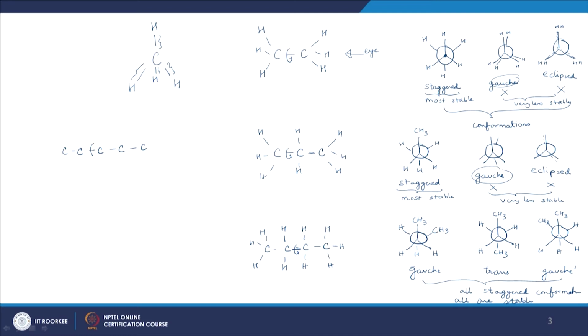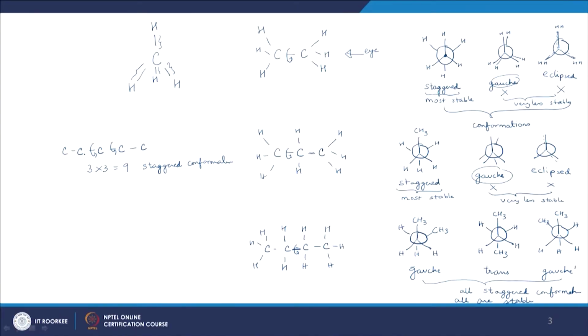Now, we can look at rotations around 2 carbon-carbon bonds, and what this amounts to is 3 multiplied by 3 equal to 9 staggered conformations. Okay? By that I mean that along the first carbon-carbon bond it can be trans, along the second it can be gauche, that is one, along the first it can be trans, along the next it can be trans, and so on.